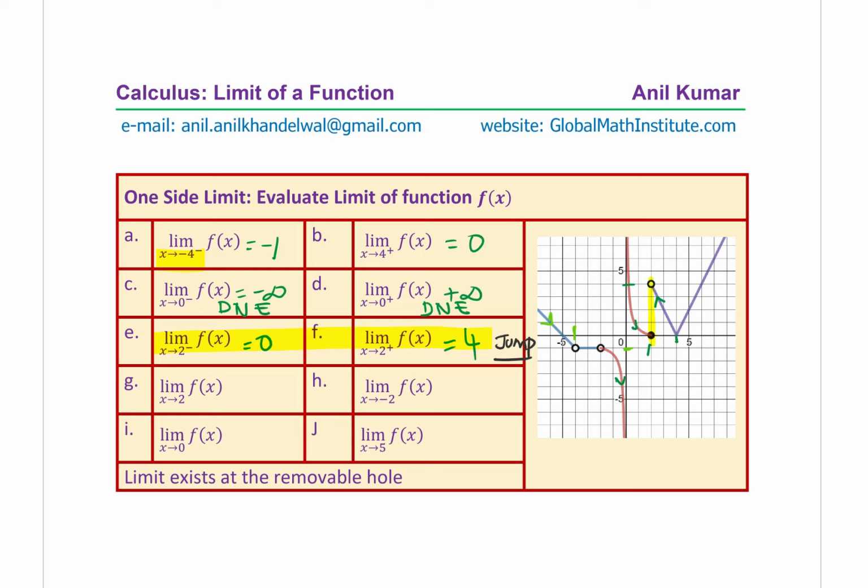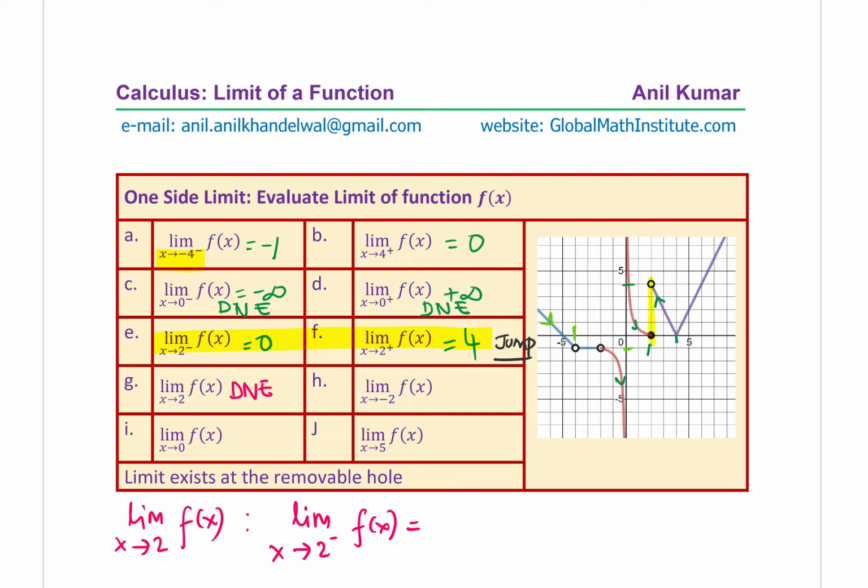We need to find the limit of the function at 2. Now, at 2, we saw that from both sides it is different. So we will say what? It does not exist, right? And the reason is, when I say the limit when x approaches 2 for f of x, we have to check the limit when x approaches 2 from the left side for the particular function.